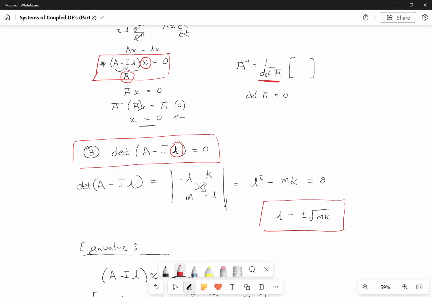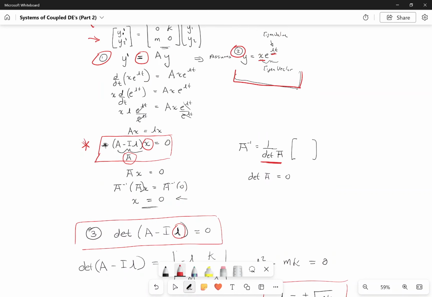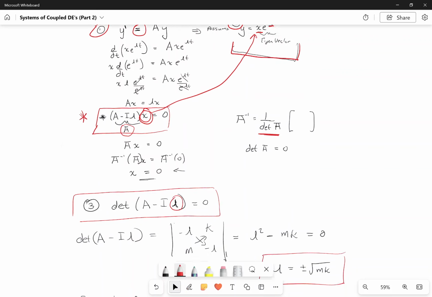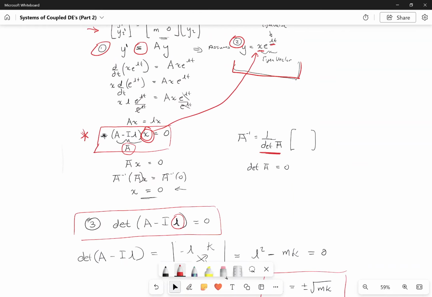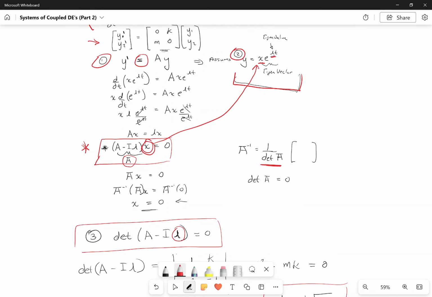For each eigenvalue, x will have an eigenvector, and this x is then put into this form of the solution to give us the particular solution. So we're going to have 2 particular solutions because there are 2 lambdas and 2 x's: 2 eigenvalues and 2 column vectors that form the eigenvectors.